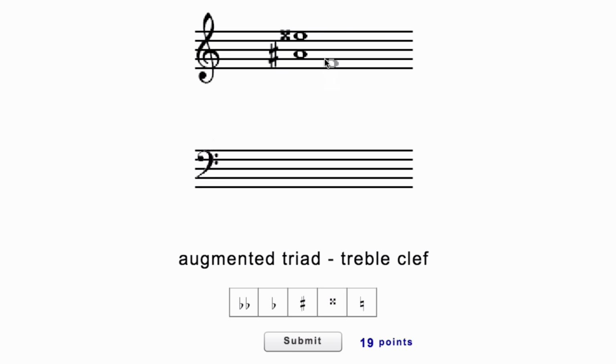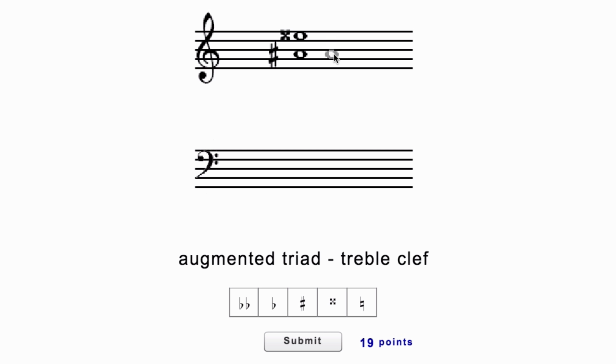Augmented triad, as usual, we're given the augmented fifth. What we need is a major third. Major third plus augmented fifth equals your augmented triad. This one, though, is kind of a harder one because we start with an A sharp, and we might just think to put a C sharp here. But as we know, thirds based upon B, E, A, or D, and this is based upon A, are minor thirds if they have the same accidental.